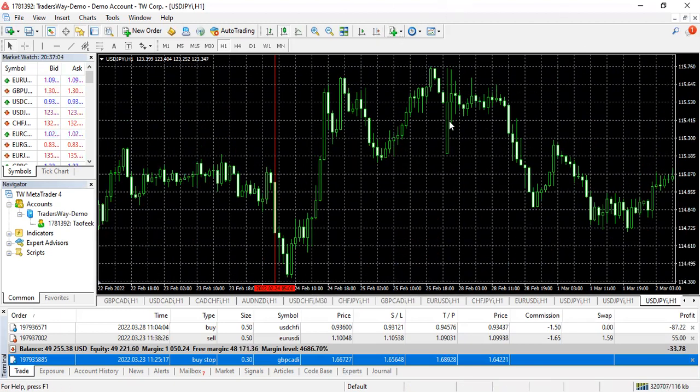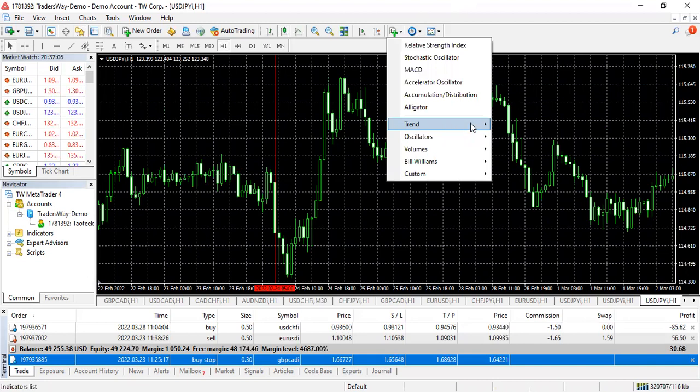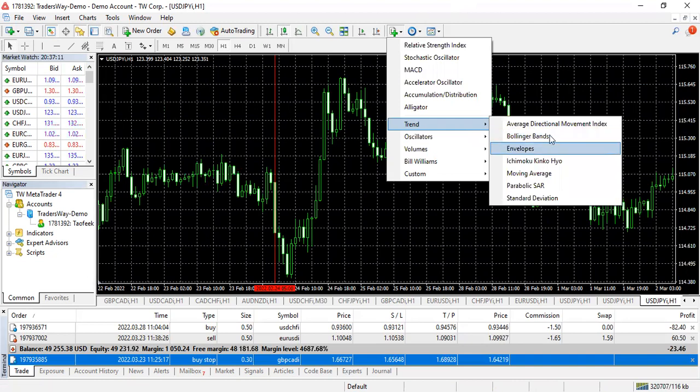So let us go for trend indicators. So let's use any of these. We have average directional movement index, Bollinger Band, envelopes, Ichimoku. We have moving average, parabolic SAR, and standard deviation. So all these are trend indicators called lagging indicators.